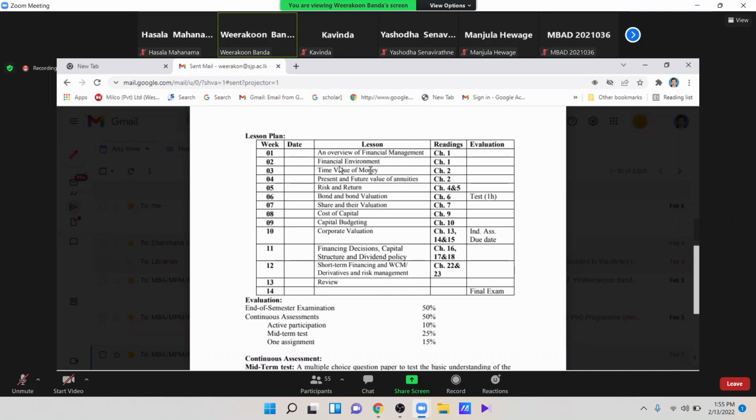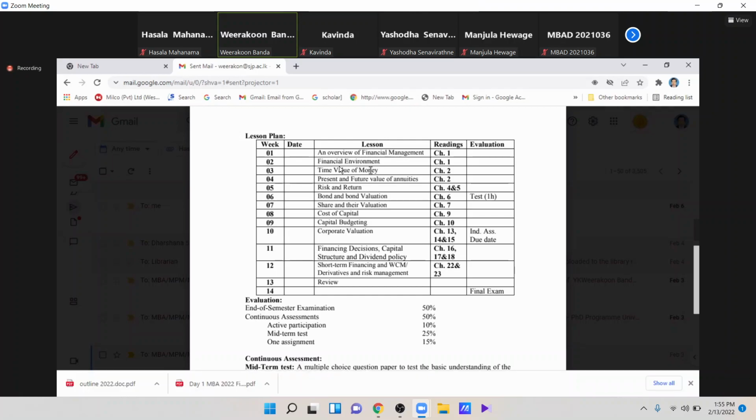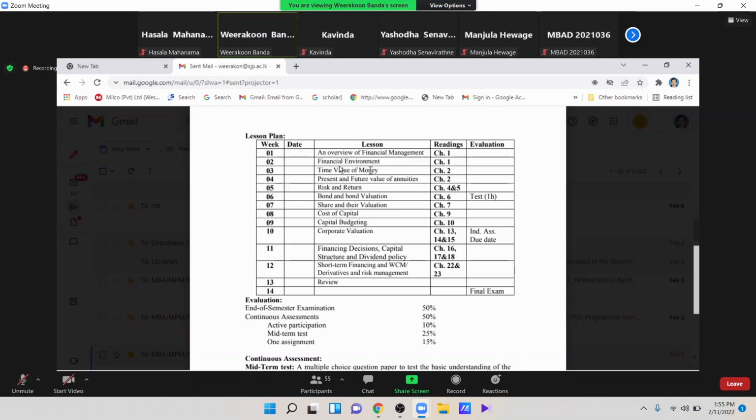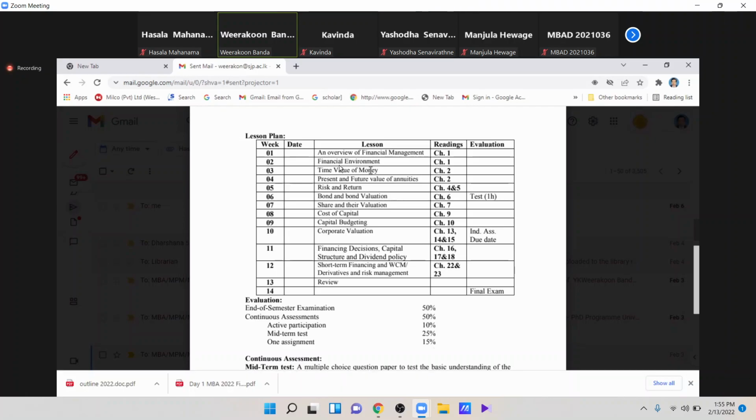Then another topic is bonds and bond valuation, shares and their valuations. Taking both together, bonds and shares: the company has debt capital and equity capital. If you are an investor, every time you purchase some shares, you have to evaluate the company's share value. If that value is reasonable, then you can purchase.